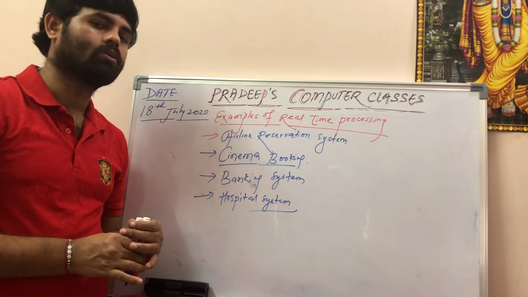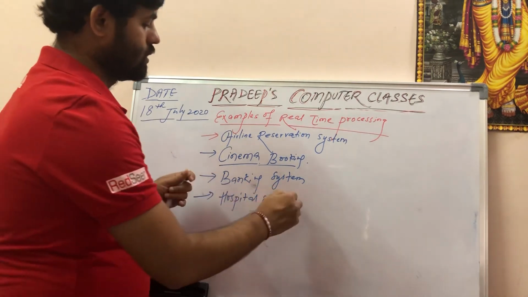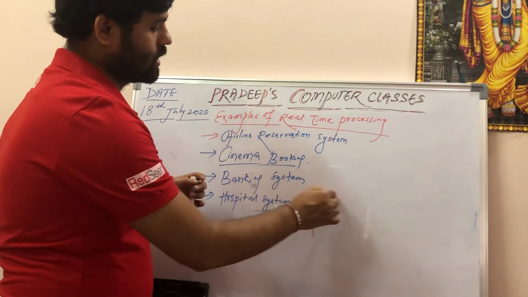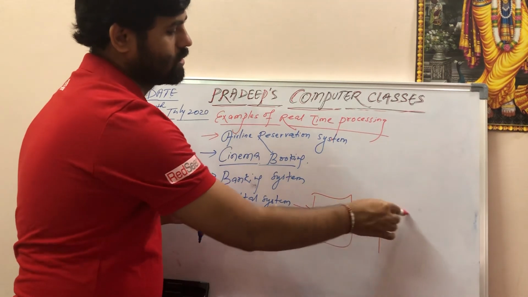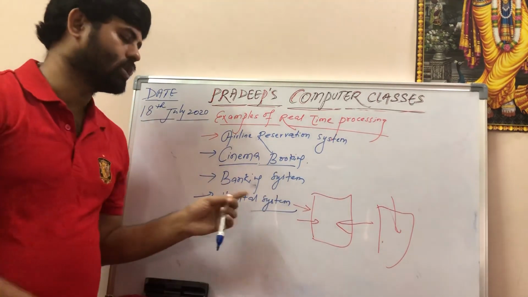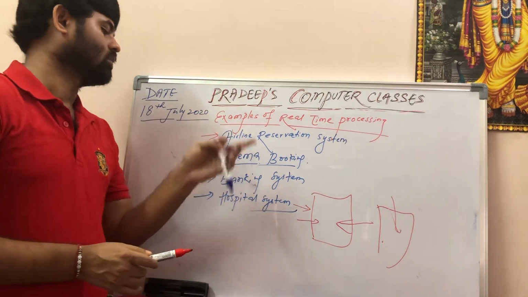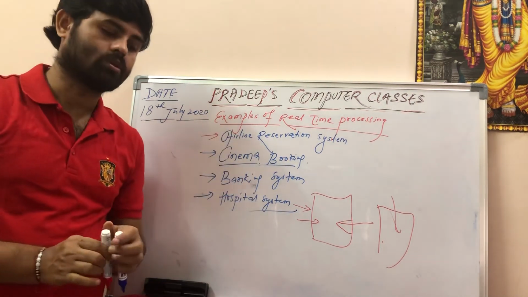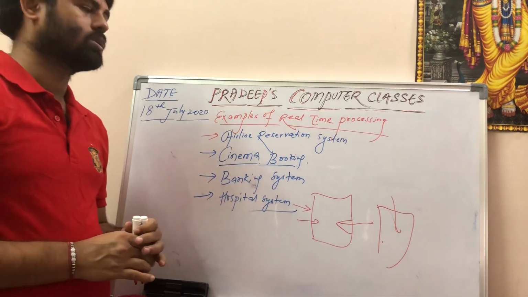For an emergency, they just give the bed without delay, take the data, enter it in the computer, and say, okay sir, this bed is in this particular room, this bed is open, go and take it because you are in an emergency. So for emergency purposes, the hospital system is also a real-time processing system. These are the real-time processing system examples.